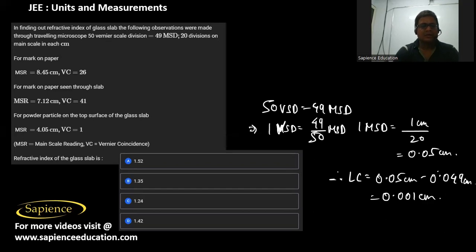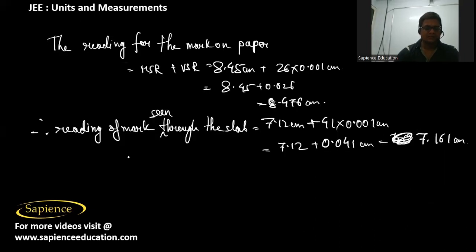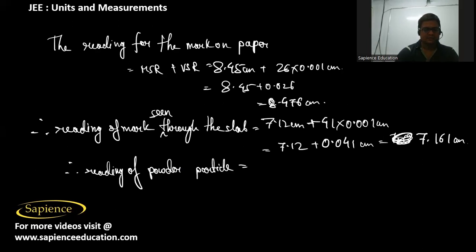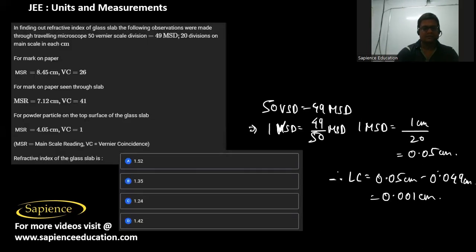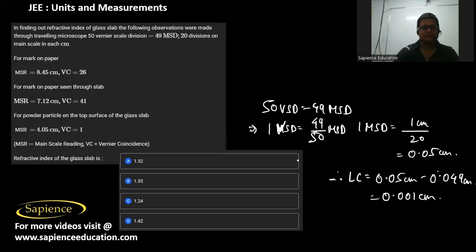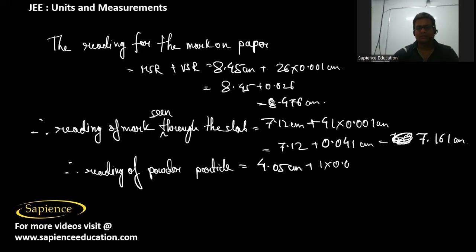Then for the powder particle on the top surface of the slab, the reading of the powder particle on the top surface of the slab will be equal to 4.05 centimeter plus the vernier coincidence, that is 1 into 0.001 centimeter.